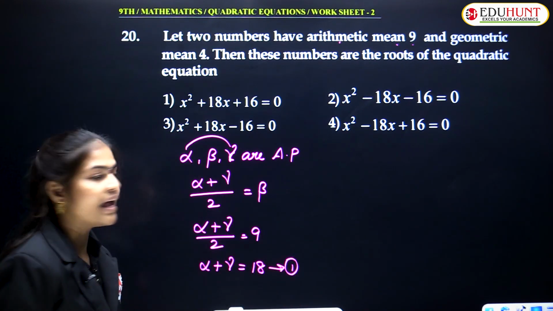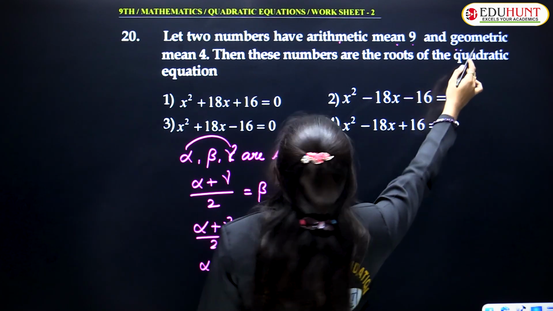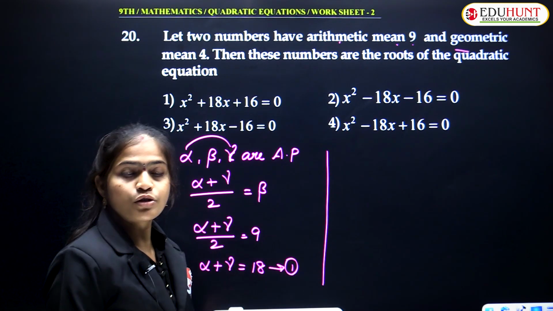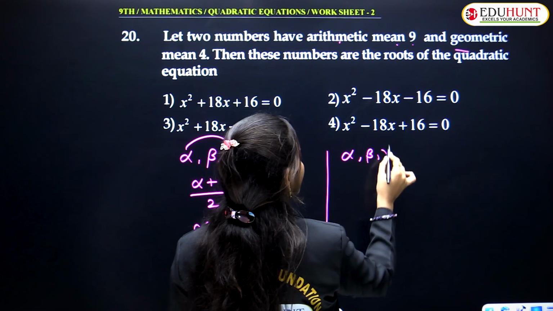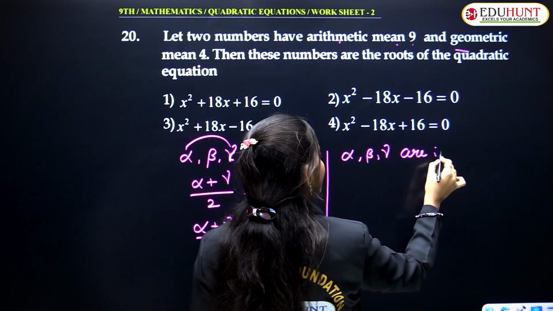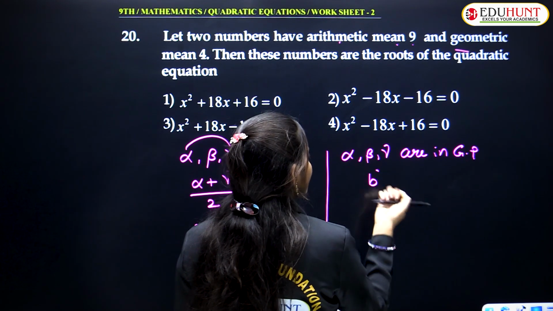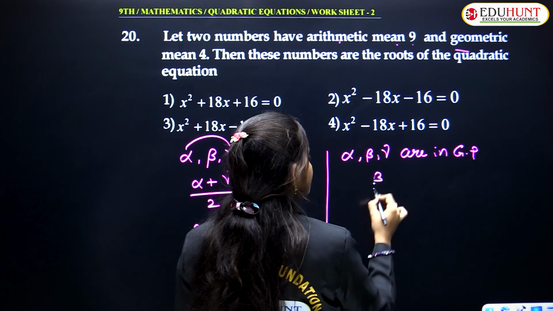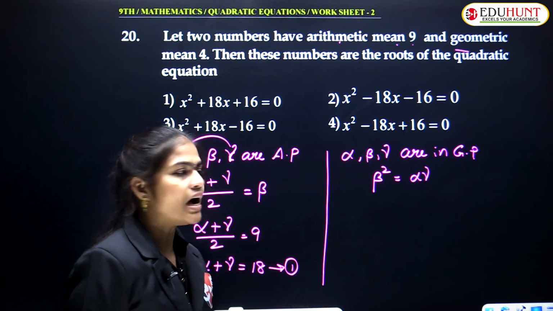Clear? And in the same way, the next condition is the geometric mean. What is the geometric mean condition? For example, if alpha, beta, gamma are in GP, then what is the condition? Beta square is equal to alpha gamma.